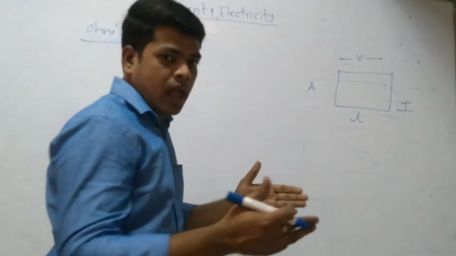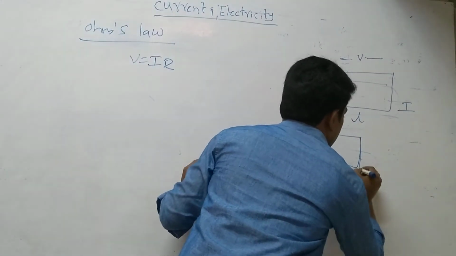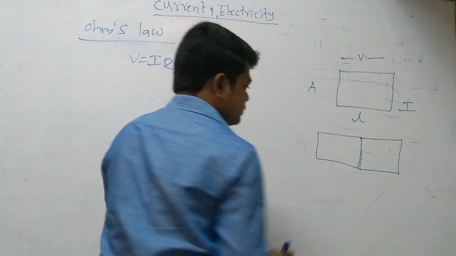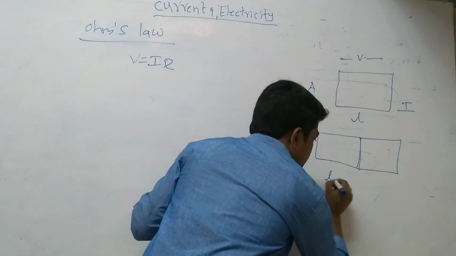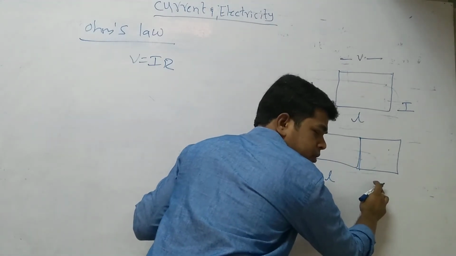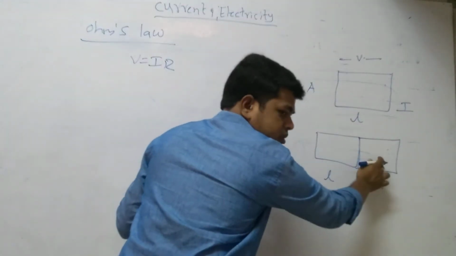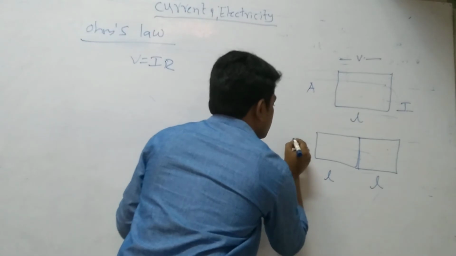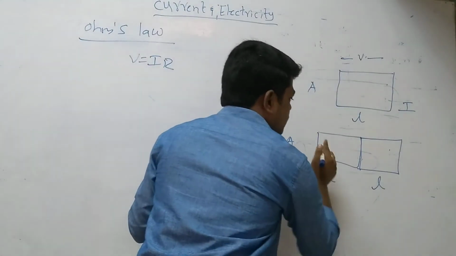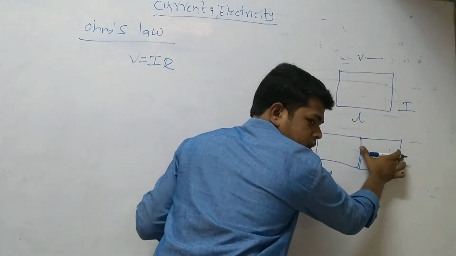Let's take two slabs. The first slab length is L, and the second slab length is also the same, L. The area of cross section of the two slabs is A. Here we are observing the two ends, this is the first end and this is the second end.